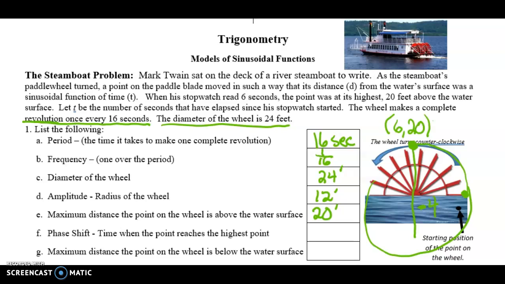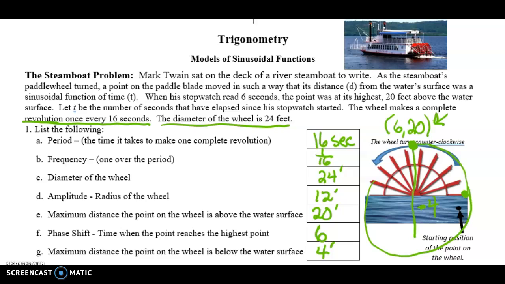The phase shift, which is the time when the point reaches the highest point, is 6. So the phase shift is 6. That's because when we plot this first point, we shift to the right 6, and that is our phase shift. The maximum distance the point on the wheel is below the water is 4 feet, but we'll use -4 to represent that.